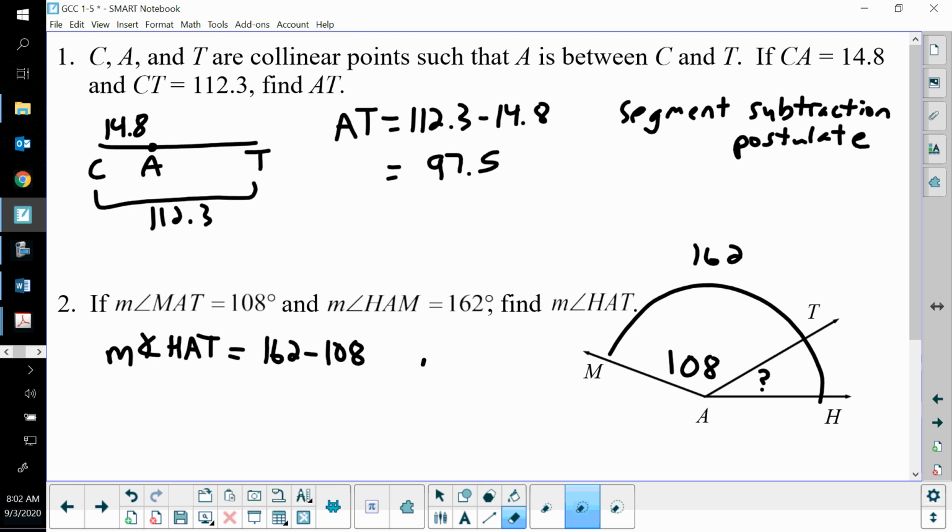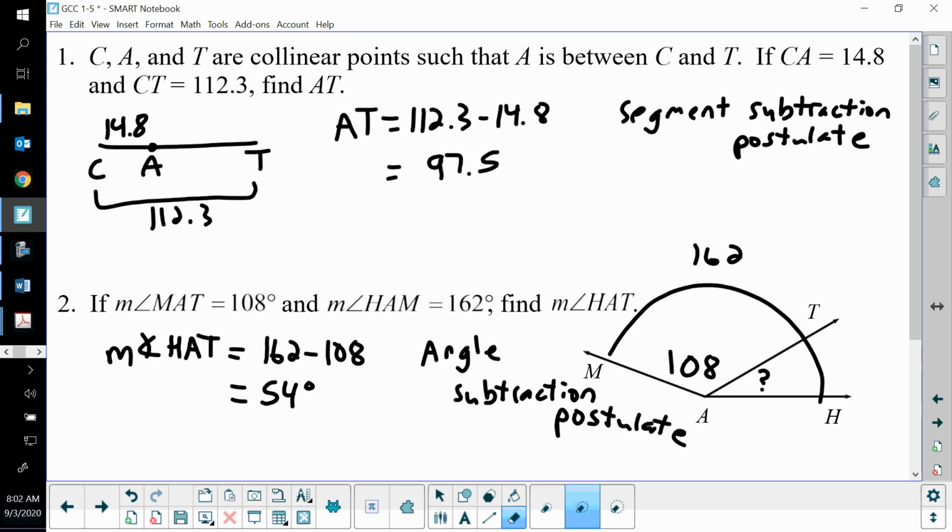And that is our angle subtraction postulate. So when we subtract those, we end up getting, oops, not 100, just 54 degrees.